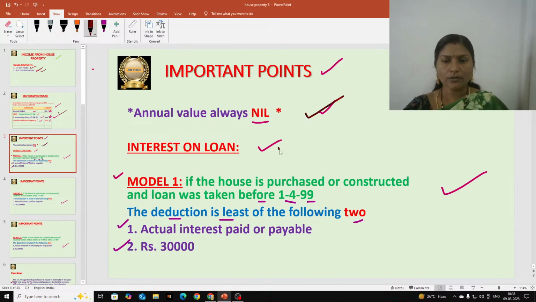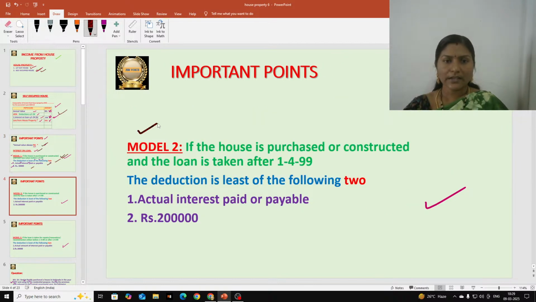And interest on loan we should calculate, and there are three models for giving deduction under section 24B for interest on loan, and we should know all these three models. First model, why we should give the deduction under the first model, that is mentioned here. How much, least of the two, what those two points are is mentioned here. Next, second model, when we actually take it into account, this is a point that you should concentrate on.